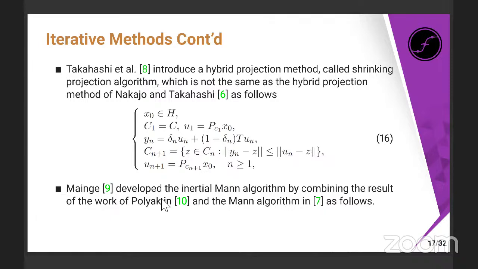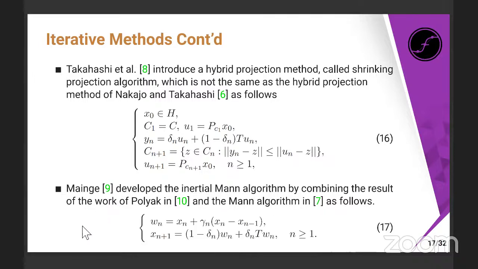Maingé also developed what we call the inertial Mann iterative algorithm. This is the iterative algorithm he obtained for nonexpansive mappings in Hilbert space, and in his work he established that this converges faster than the classical Mann algorithm without the inertial parameter.